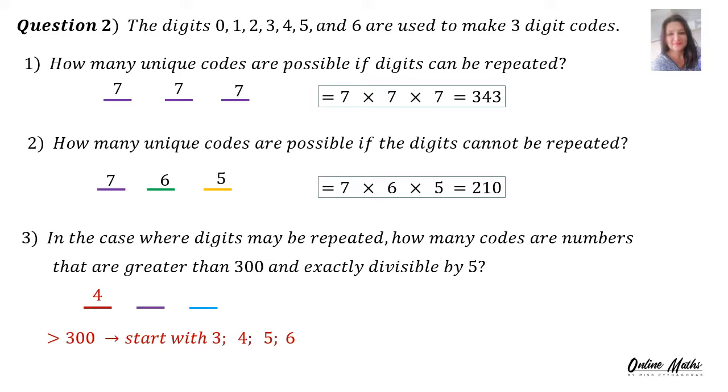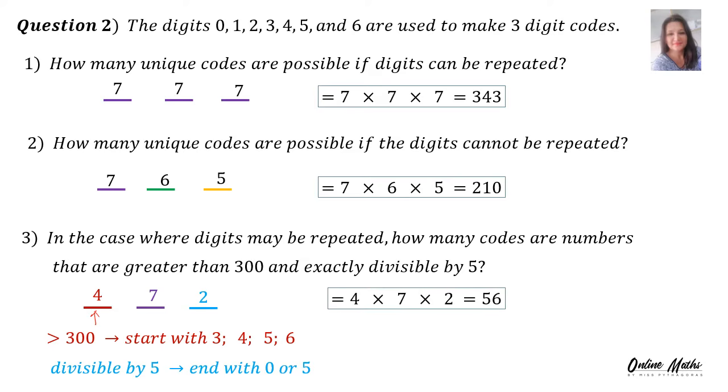That means the first number, there's 4 possibilities. Then, for your number to be divisible by 5, it has to end with a 0 or a 5. So at the end, there you find 2 possibilities. And then the middle number, 7 possibilities. Therefore, the answer 4 times 7 times 2 is 56.